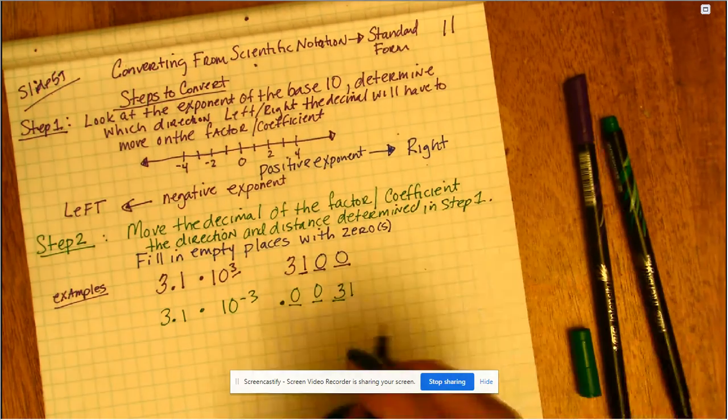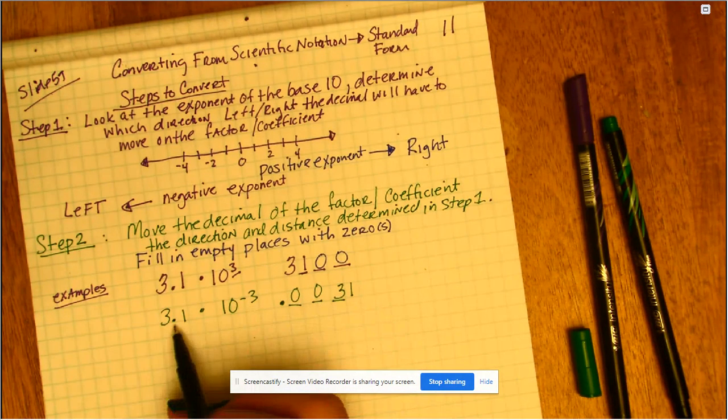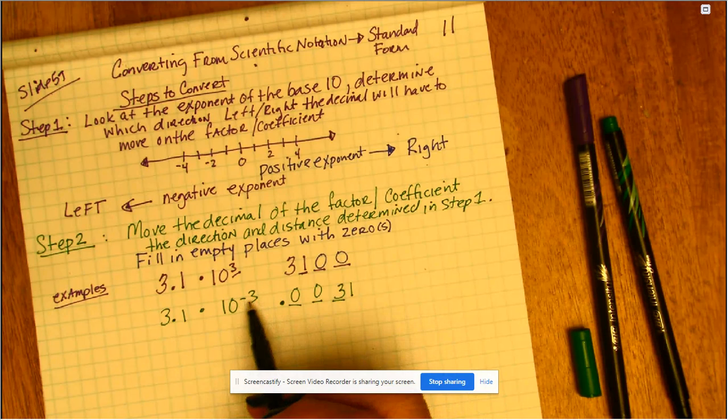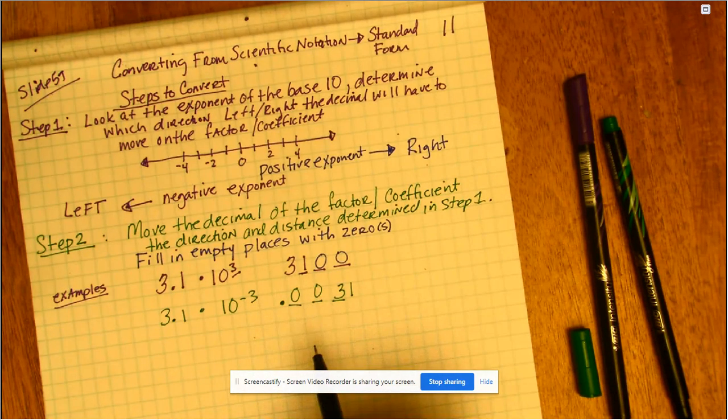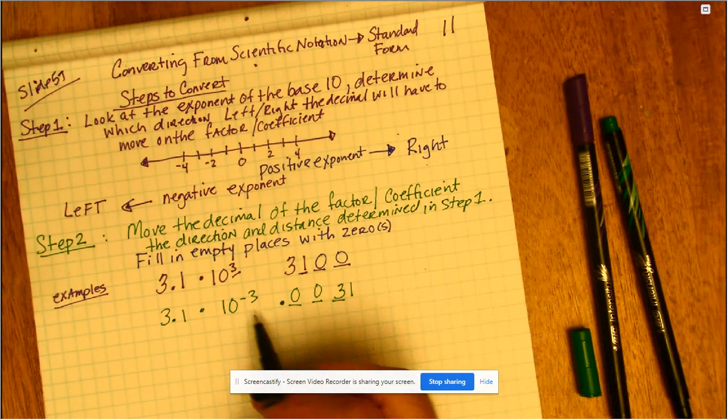Kind of like a thing to keep in mind, because if you're doing a negative exponent, and there's only 1 digit in front of the decimal all the time with your factor, you're going to have to add in some zeros between the decimal and your first non-zero number, or your first significant digit. So the way you determine that is, this was negative 3, and I was going to move 3 spots, and we can see 2 wind up being zeros. So on the negative exponent side, the number of zeros is always going to be 1 less than what this number is.